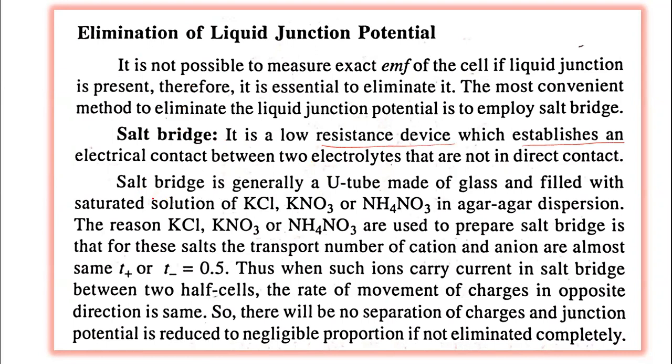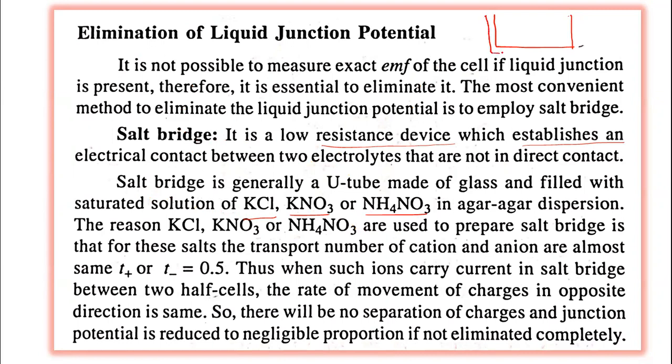So what is a salt bridge? A salt bridge is generally a U-like tube. It is a U-like glass tube filled with a saturated solution of potassium chloride, potassium nitrate, or ammonium nitrate. We can show the salt bridge like this. It is a U-like tube made up of glass.